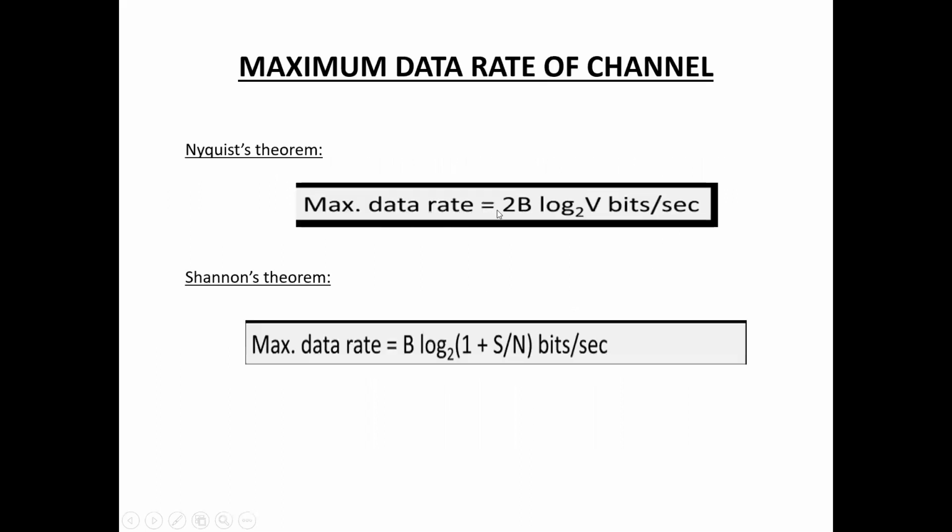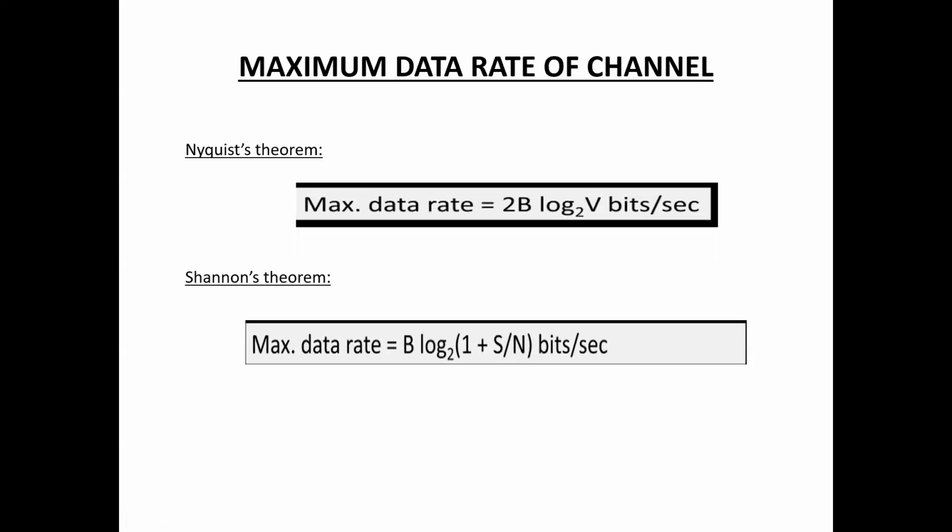In Nyquist, maximum data rate equals 2B log base 2 V, where B is the bandwidth and V is the number of signal levels. In Shannon's theorem, the maximum data rate is B log base 2 of 1 plus S by N, where S by N is the signal to noise ratio. By using these two formulas, we find the maximum data rate of a channel.